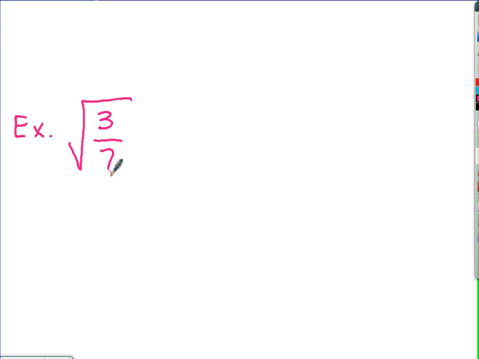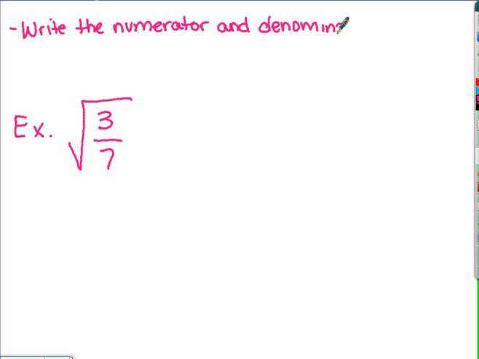When we have the quotient theorem for square roots, we write the numerator and denominator as separate square roots.